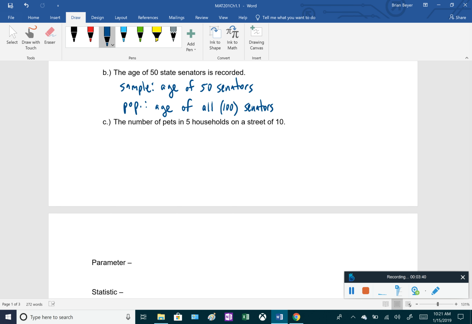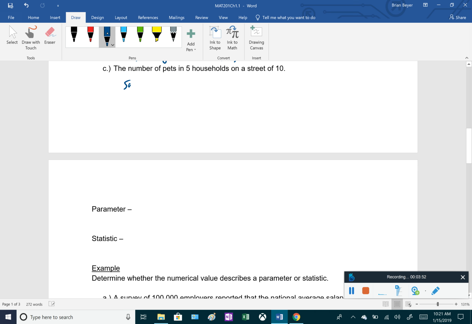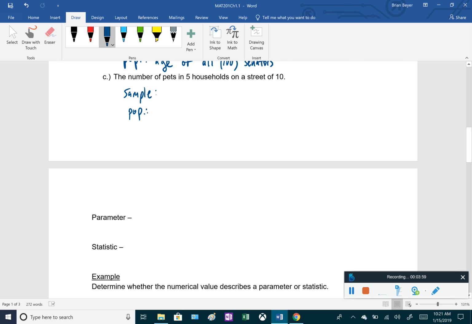Okay, and then for the last one, seems a little bit easier here. It's going to be the number of pets in 5 households on a street of 10 households. So we want sample and population once again. And the sample is just going to be the number of pets in 5 households.